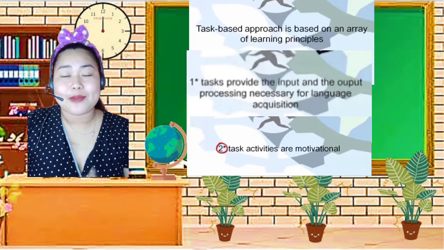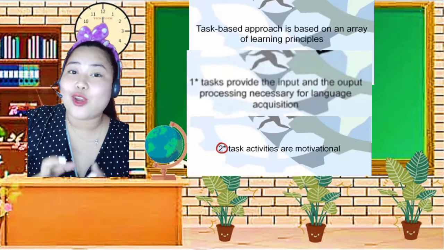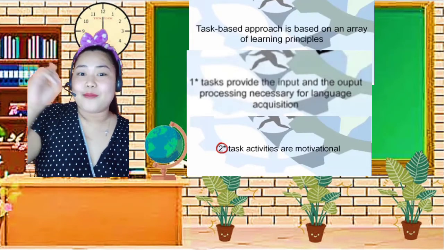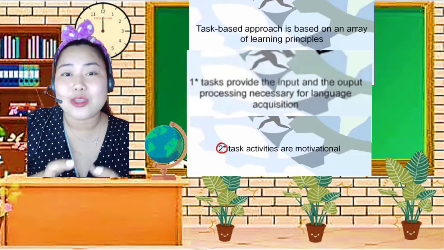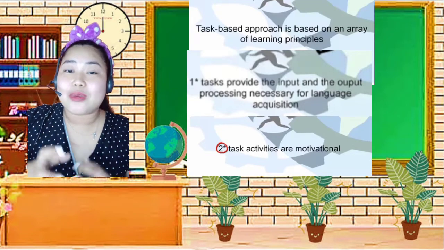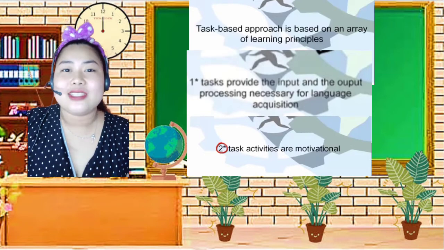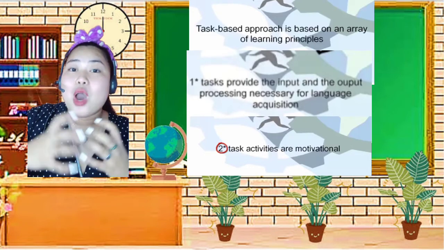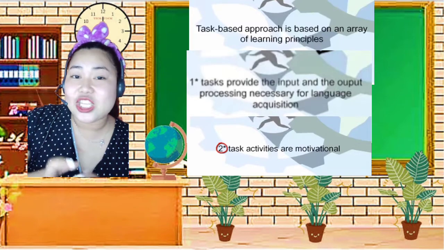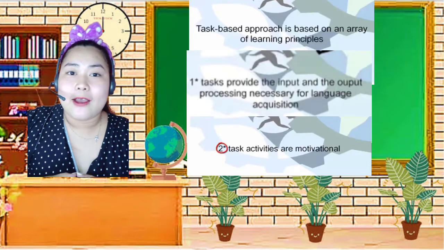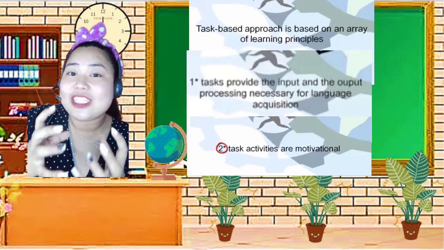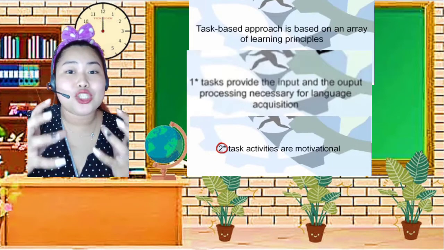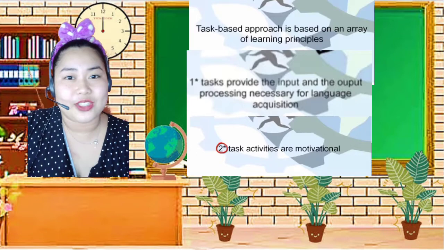The task-based approach is based on an array of learning principles. Number one, a task provides the input and output necessary for language acquisition. This simply means that when students are engaged in a particular task, they have the potential as well as the opportunity to produce the language.